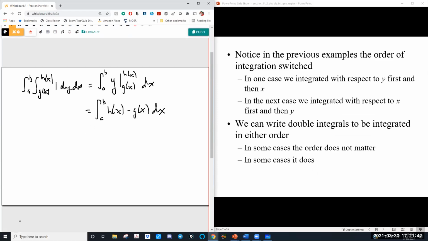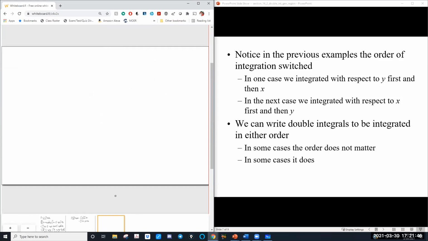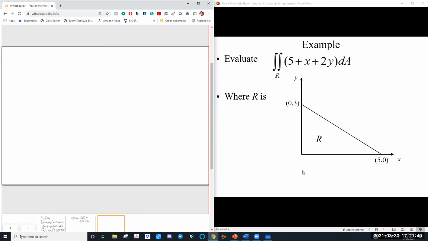All right, so I'm going to show you a few examples of where our order matters, or doesn't. So let's say we had this integral here. Now, I'm not going to do the whole thing on this one. I'm just going to go through setting it up. So we've got a triangular region, which means one or more of our limits have to be defined by a function.